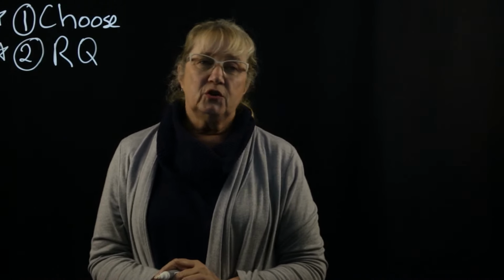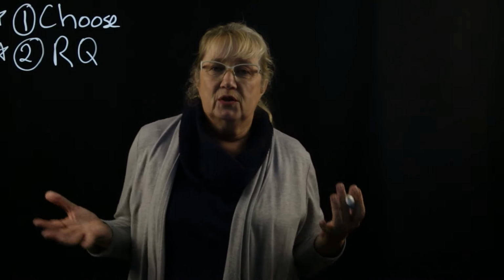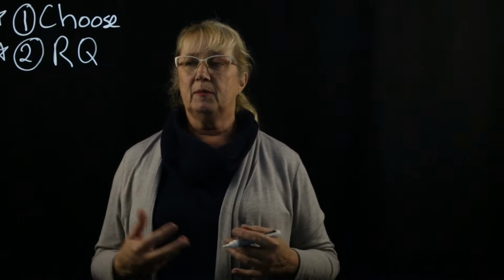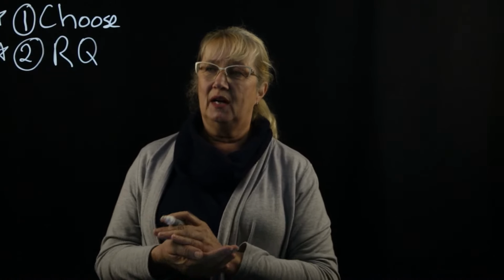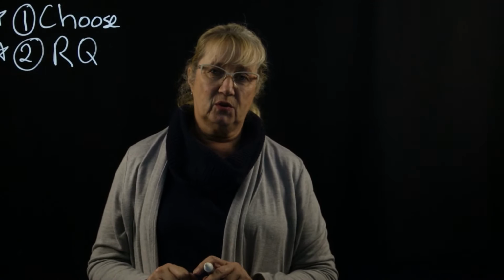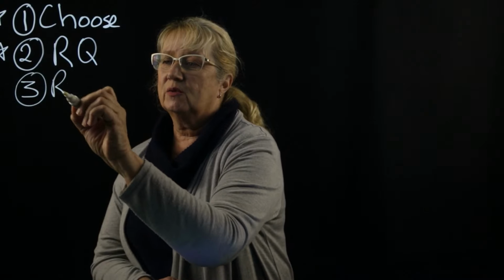The third thing you're going to do is a whole bunch of research. You're going to do this on the internet, you're going to do this using books, you can talk to people, but you need to be able to explain exactly why you have chosen that research question. So number 3 is research.